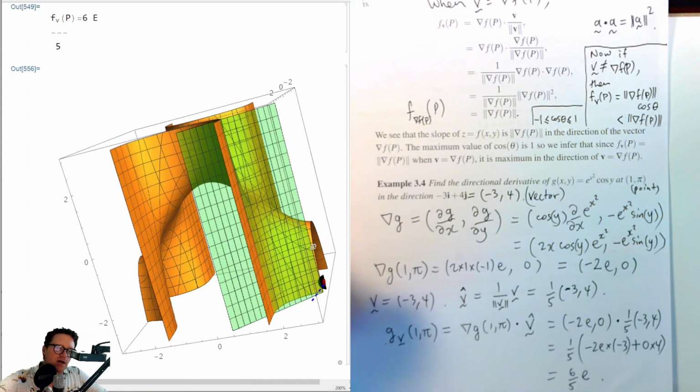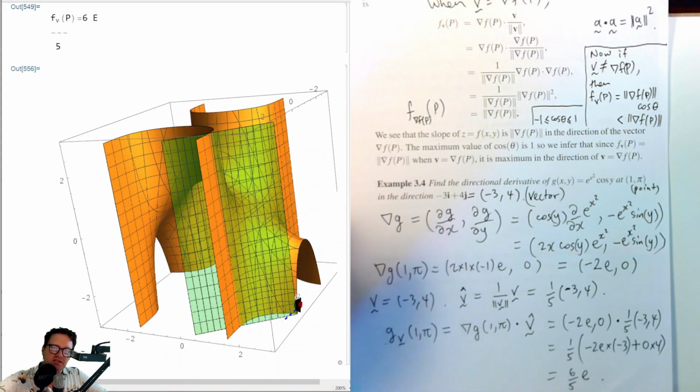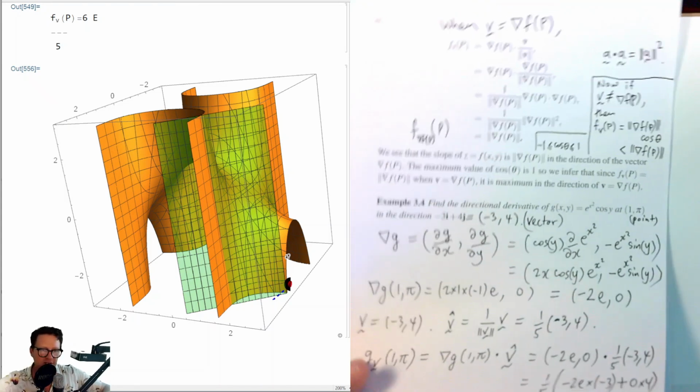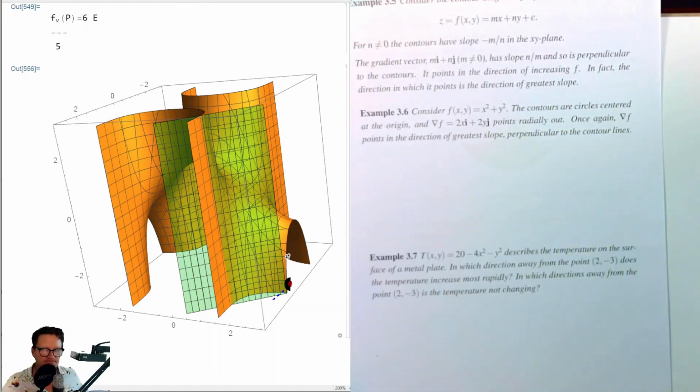All right, so I would just have to extend this, but you can see the point there. You can see the plane, and then you can see the tangent. I just need to extend the range of this plot. Okay, so I'll leave that there, and we'll move on to the next page.